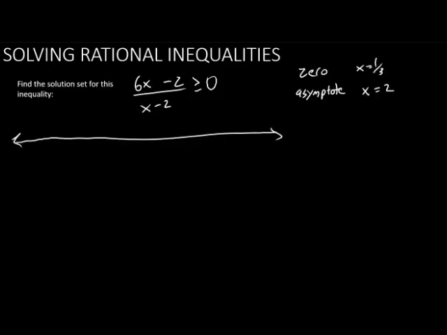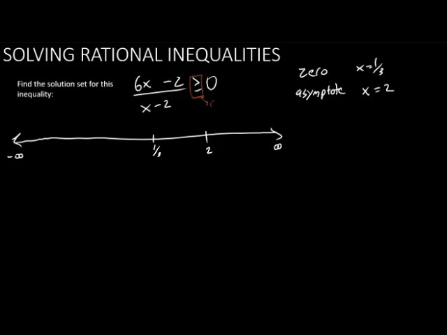On our number line, let's put a mark at 1/3 and put another mark at 2. We'll also place negative infinity and positive infinity on our line. Then for our 0, we're going to place a circle on there depending on what the symbol says in this inequality.